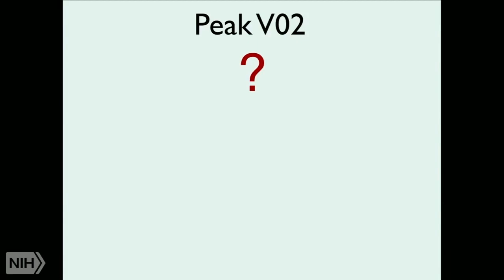So let's take peak VO2, right? Peak VO2 is a measure that's used in a lot of trials for COPD or heart failure. And one might ask, well, how does someone's peak VO2 relate to the extent of physical functioning that they can perform during their day, right?